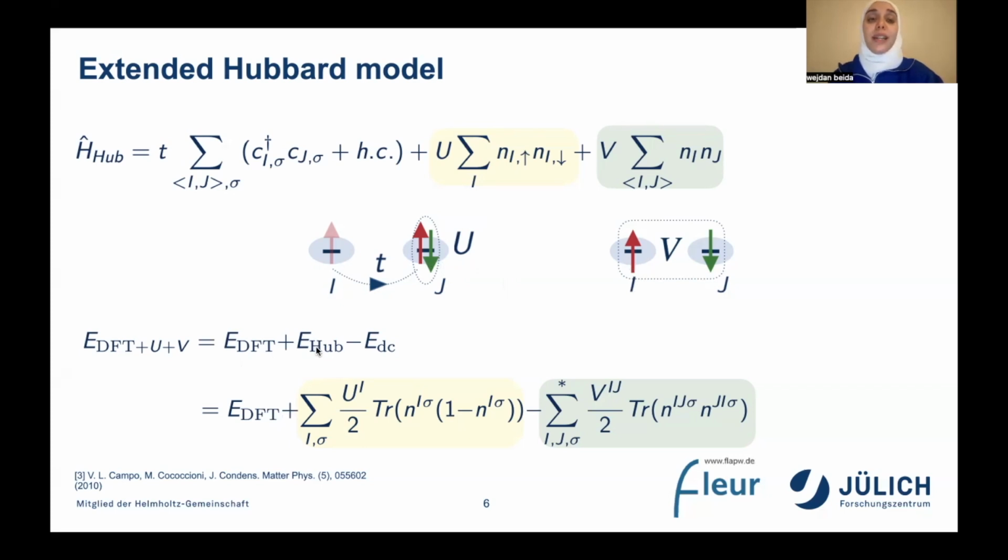Since these correlated electrons are already treated in DFT, we subtract a term to account for double counting. I will discuss this concept in more detail later, but here we have the energy term responsible for the on-site interaction, and this is for the inter-site interaction, introduced in the paper of Campo and Cococcioni.